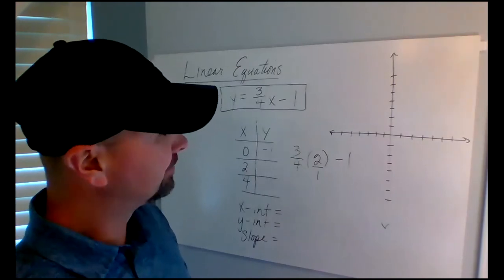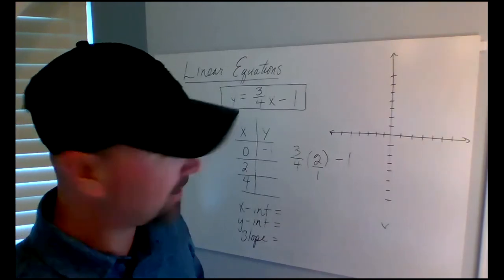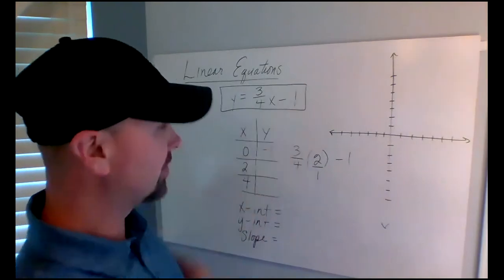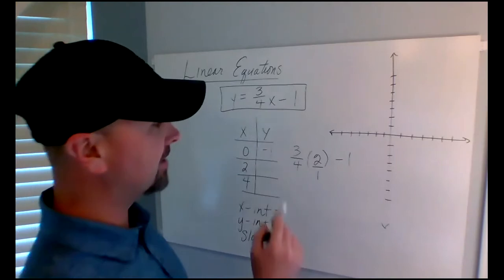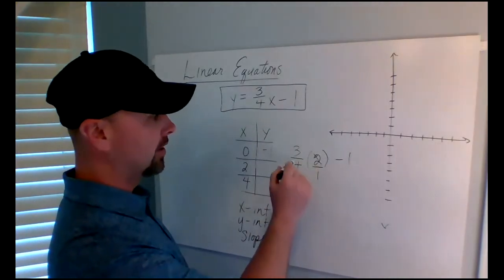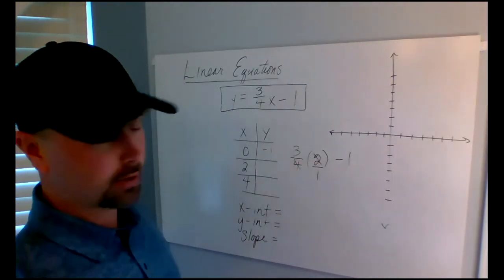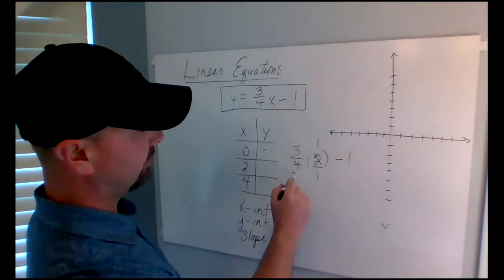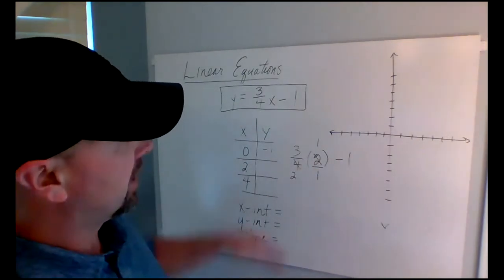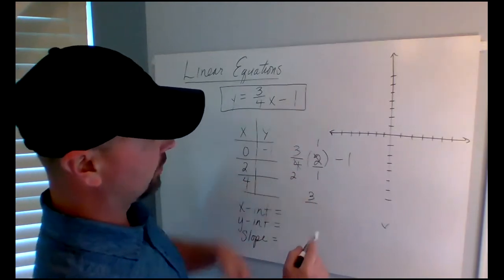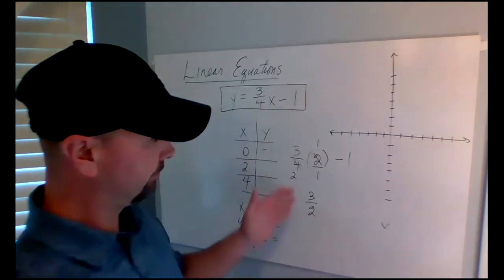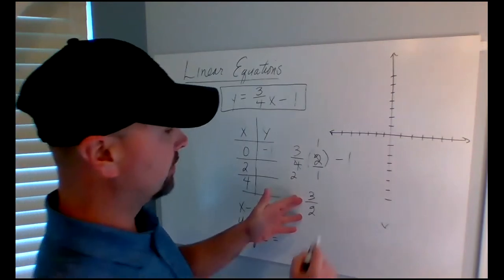And the best way to do that is cancel. So the 2, this is why we're picking multiples of 4, because it's going to cancel this top and bottom out. So 2 goes into both of these numbers. 2 goes into 2 once and 4 twice. And so we're left with 3 times 1 is 3, over 2 times 1 is 2. 3 over 2 minus 1.